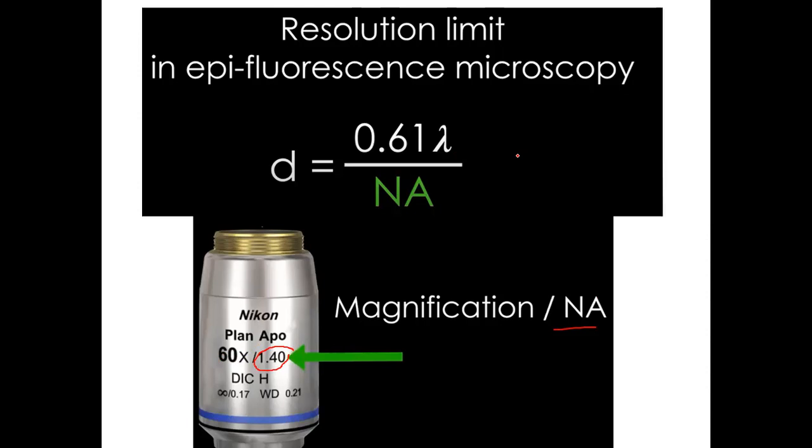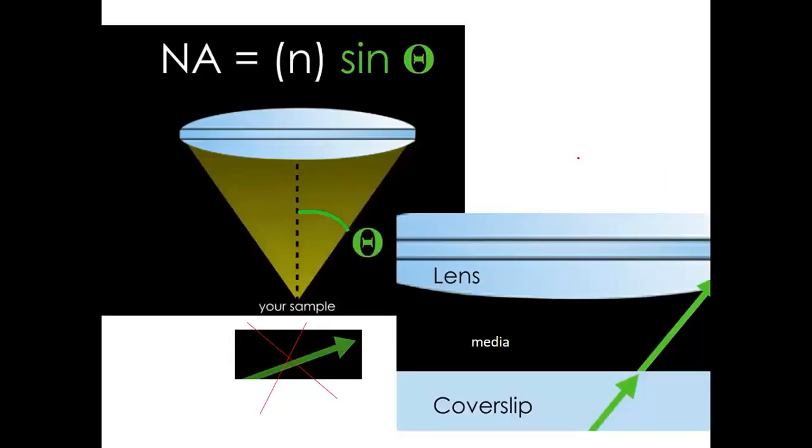So the numerical aperture is equal to n sine theta. I haven't written it here, but it is equal to sine theta, oh yes, here it is. Here theta is the maximum angle of acceptance.